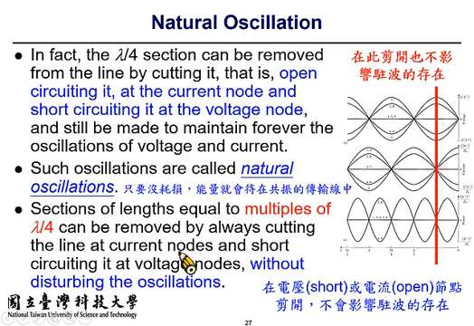Because there is no current going through this position, the open circuit does not perturb the boundary condition in terms of current flow. And because this is a current node, there will be no difference observed at this position.